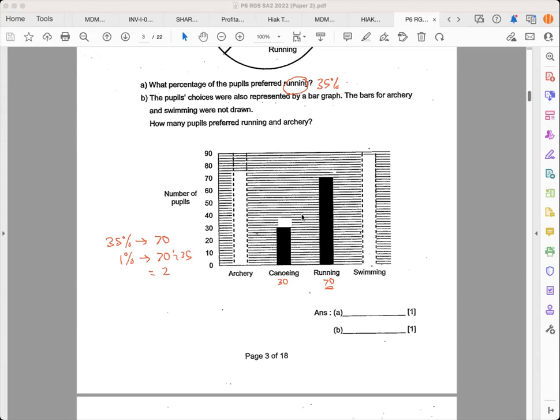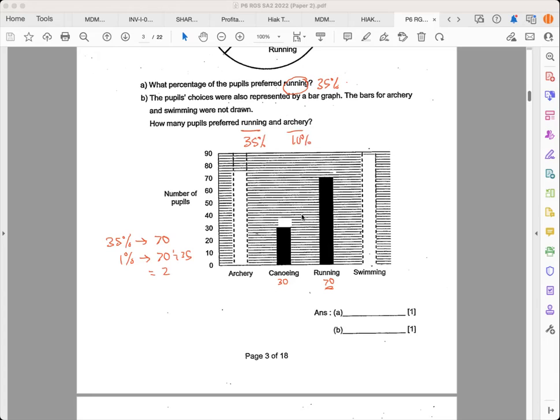So you can see that running and archery adds up to, archery is 10%, and running is 35%.